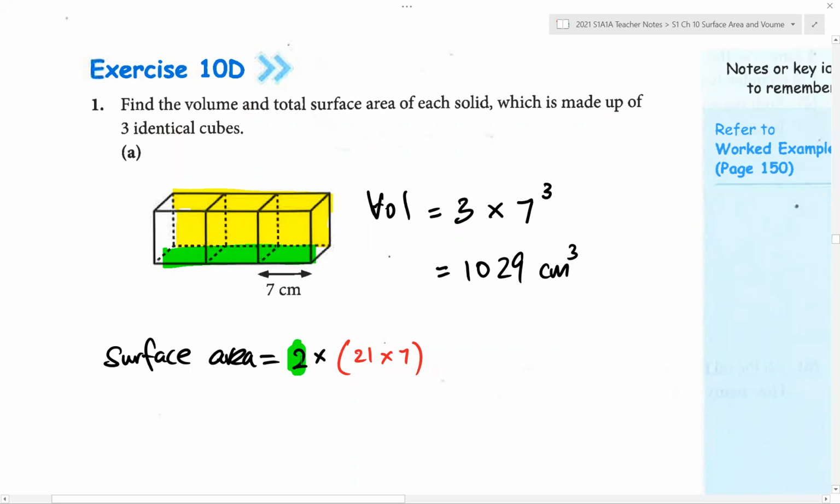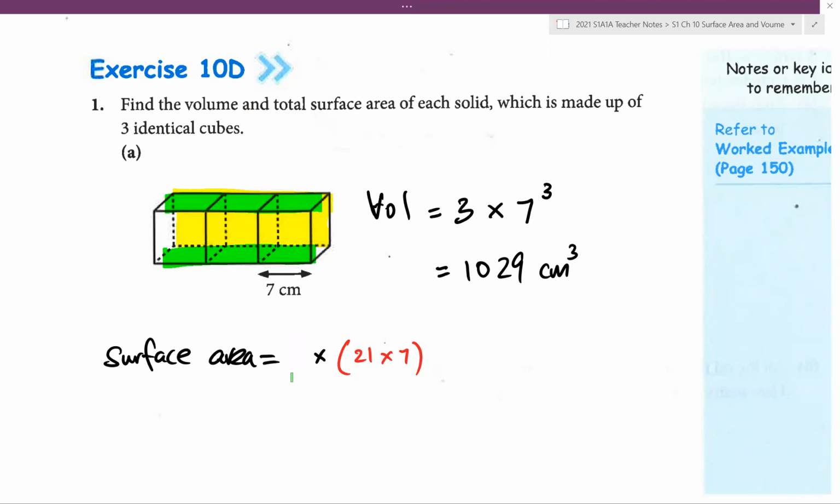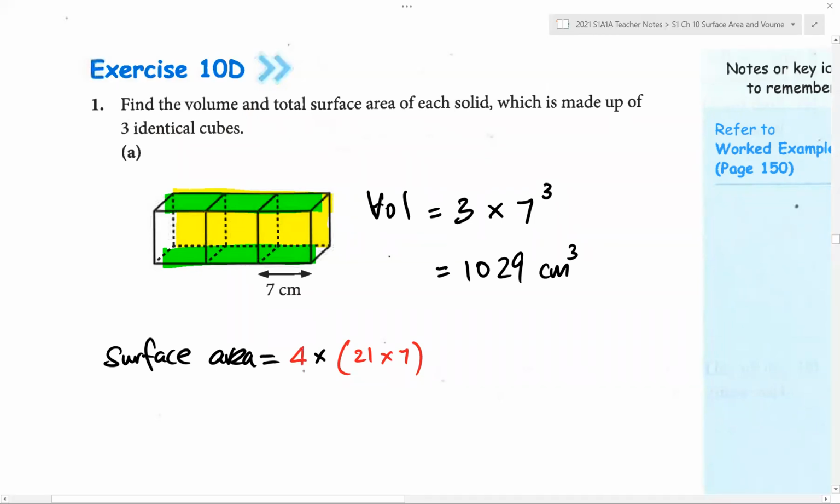Looks like I have 3 so far. But do I really only have 3? Where's the 4th one? On top, yeah. We've got 4 of these rectangles. So instead of writing 2, I should say there are 4 of them, whether green or yellow, they are the same. And each of these rectangles has an area of 21 times 7.